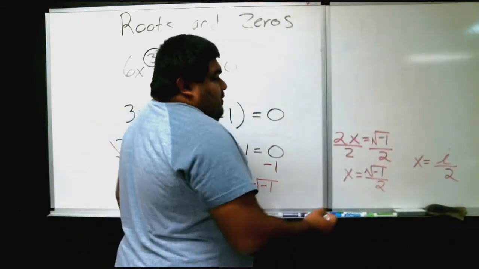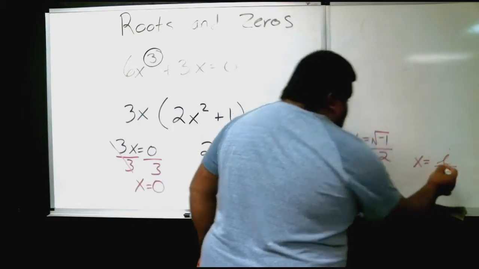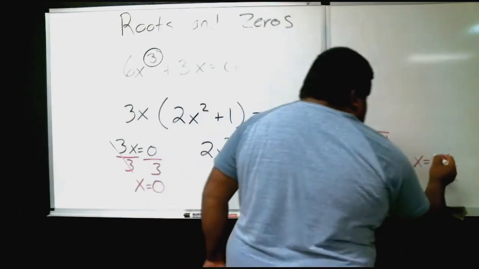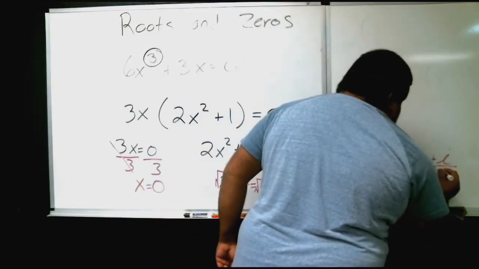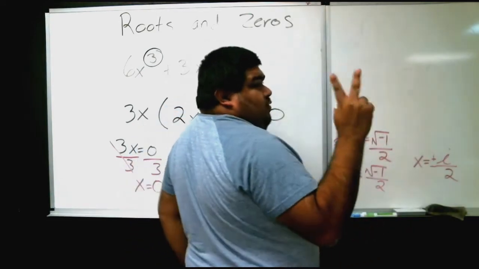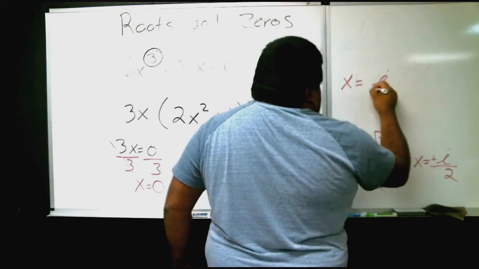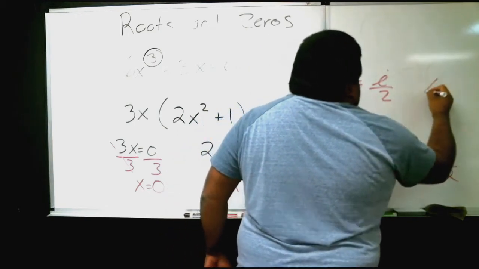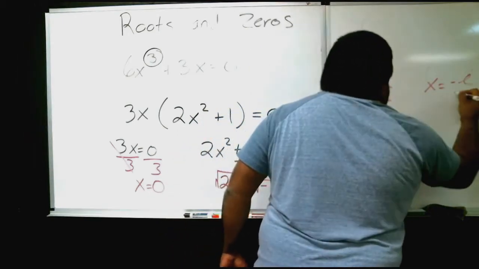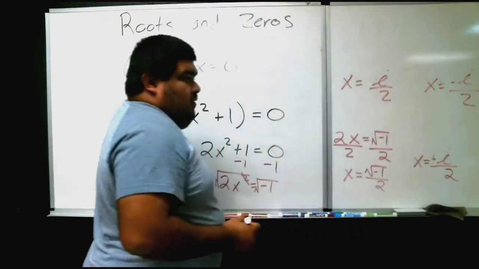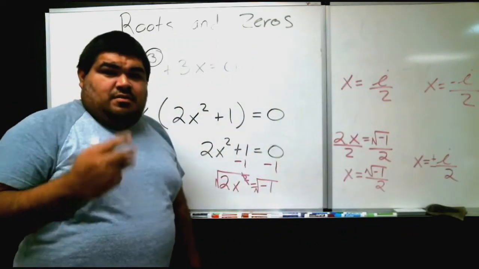Since you took out an i, the i can be positive and negative. So we have a total of 2 answers here: x equals positive i over 2 and x equals negative i over 2. So we have a total of 3 answers.